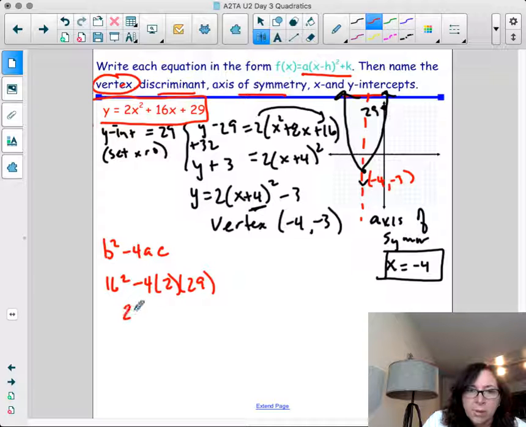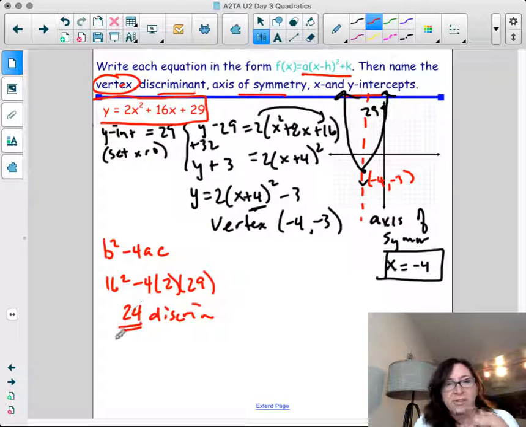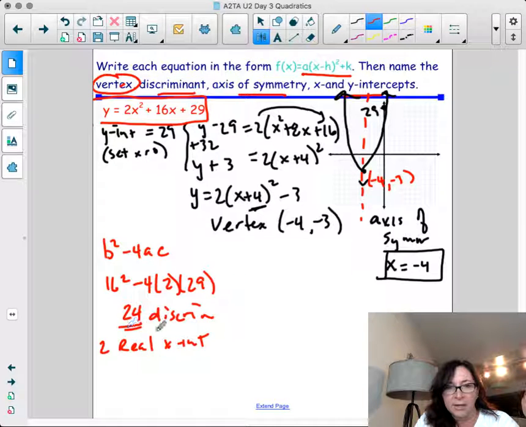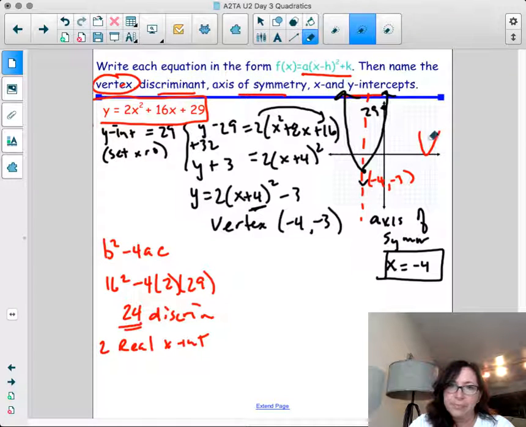So remember the rule for the discriminant: if this is a positive number, we have two real roots or x-intercepts. If this was negative, I would have 2 imaginary intercepts, and if it was 0, my graph would actually just touch once, just like something like that.